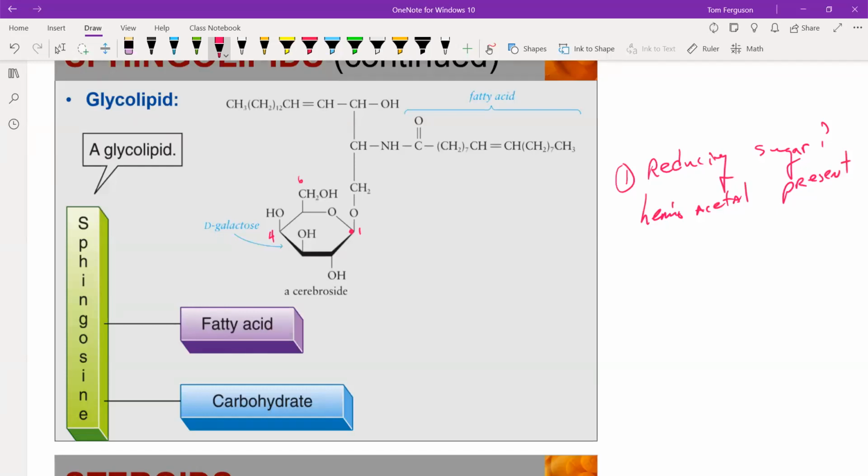Well, we have OCO. We have OH present on carbon number 1, the anomeric carbon? No. And then we have the carbon hydrogen. So this is an acetal then, not a hemiacetal. Hence, it's not a reducing sugar. Also, acetals don't open up. Hemiacetals do, exposing the aldehyde.